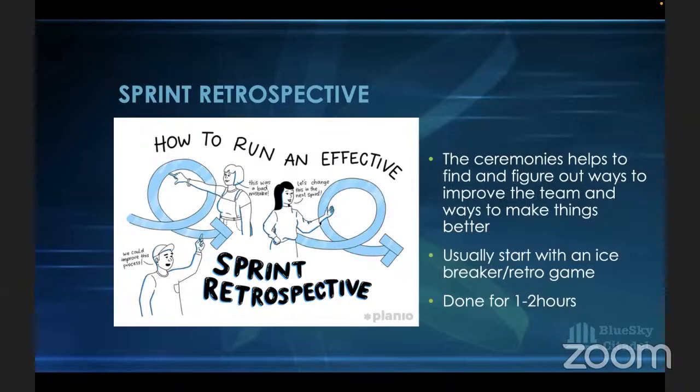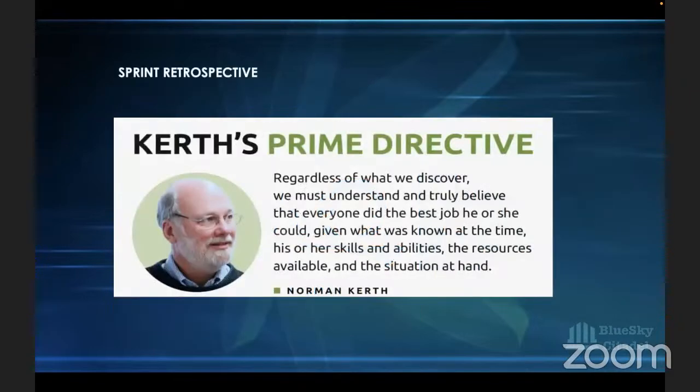So first, it is very important to have a good setting whereby all the team members feel safe enough to talk about or engage in the conversation that will take place. And it is important to know that this Scrum ceremony, this sprint retrospective, is only meant for the Scrum team.